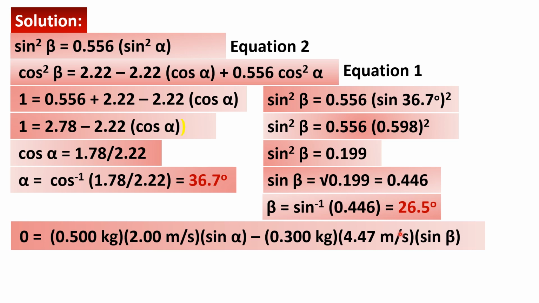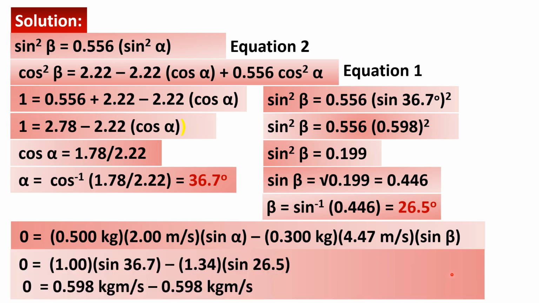Okay, so we simply substitute the given quantities that we have here, and then simplify, and finally what we get is that this part of the equation gives us the value for the momentum amounting to 0.598 kilogram meter per second.